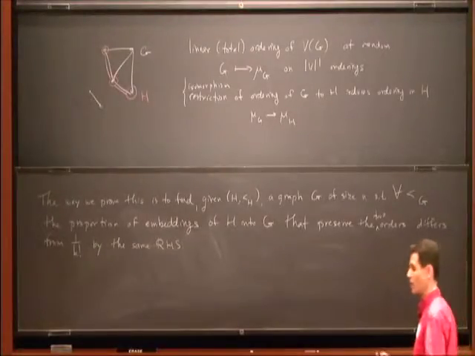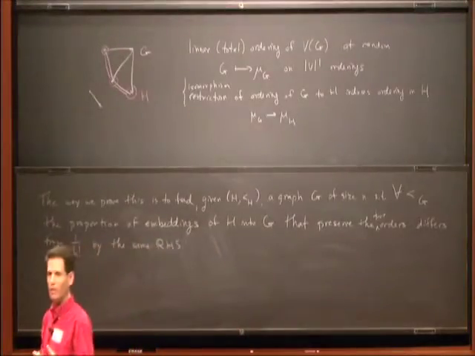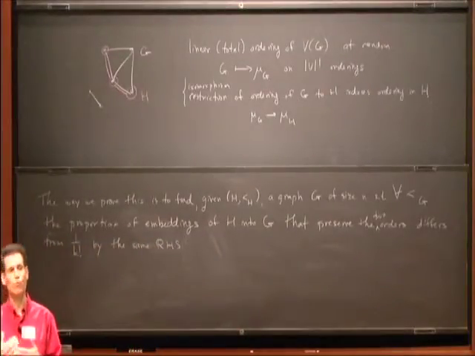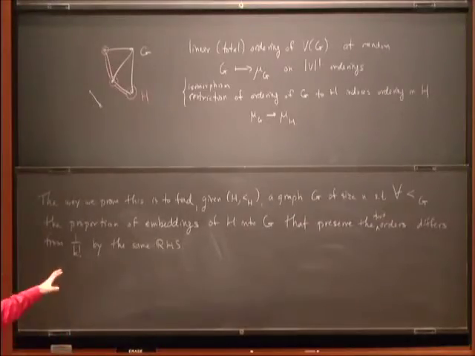So an embedding either preserves the order or it doesn't. If I were to choose an ordering at random from either G or H, for a given embedding, the probability would be 1 over k factorial that it does preserve the ordering. But I'm not doing anything at random here, except if you want, you can consider uniform embedding. Okay, so it's a different type of statement.